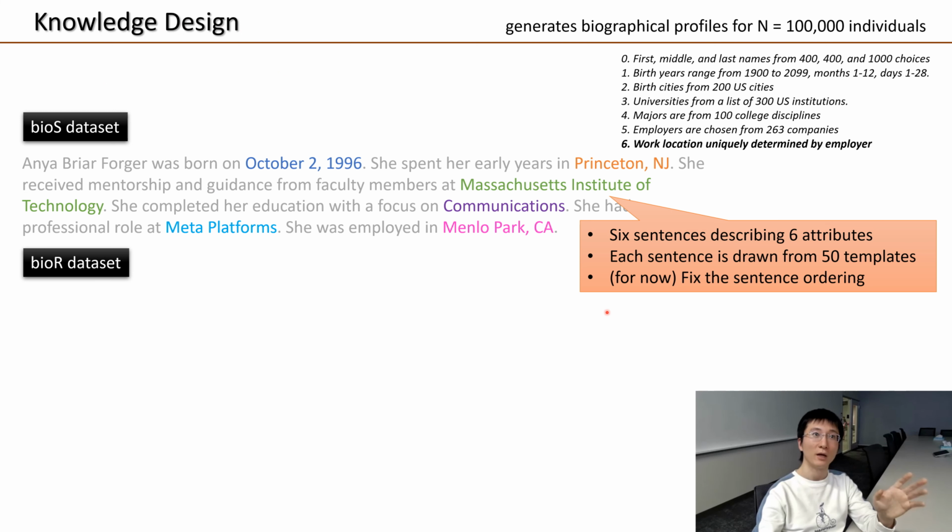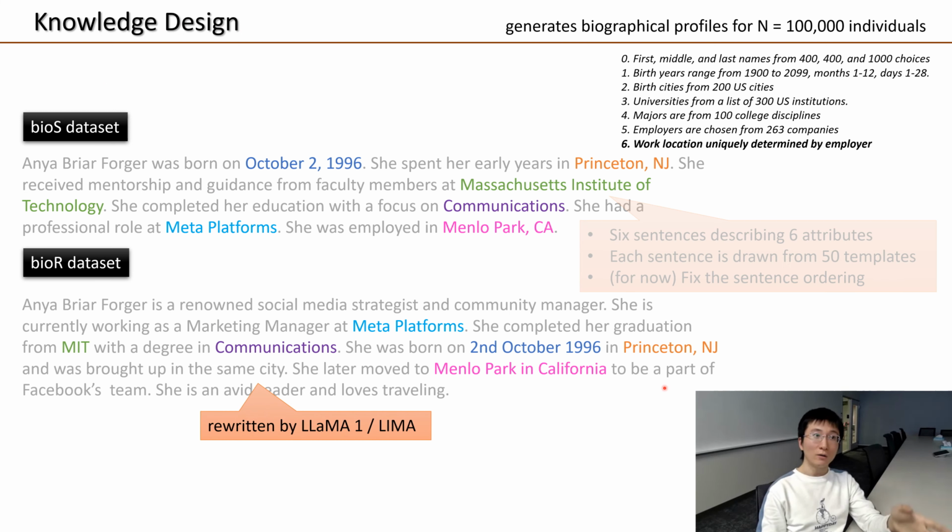So this is our bio-S dataset. Our bio-R dataset just applies a simple additional step on top of bio-S: we apply Llama 1 to rewrite the biography to make it more like a real-life biographical entry. So this is how we create the two datasets.